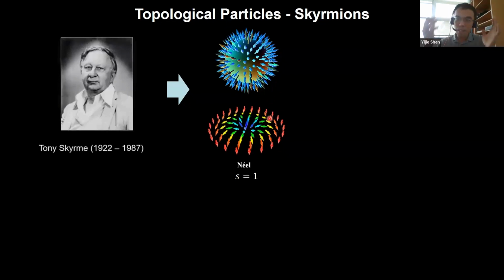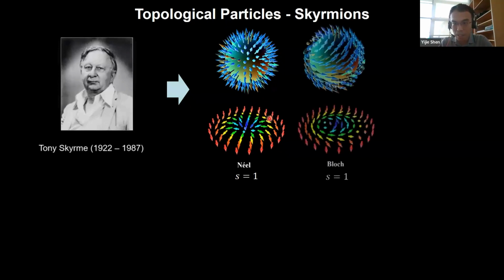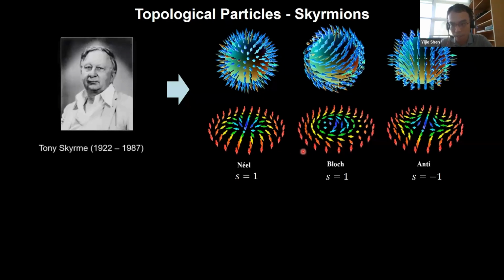Just like you can arrange your hair, your hairstyle, into different styles, you can arrange diversified spin textures. You comb your hair around, you get a vortex, so we call it Bloch-type spin texture.